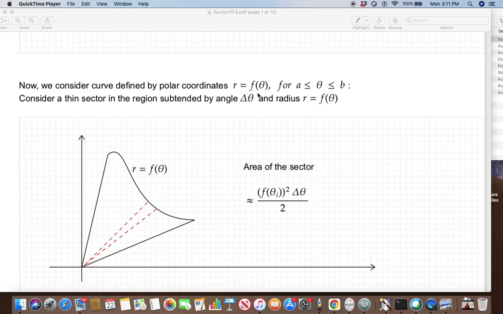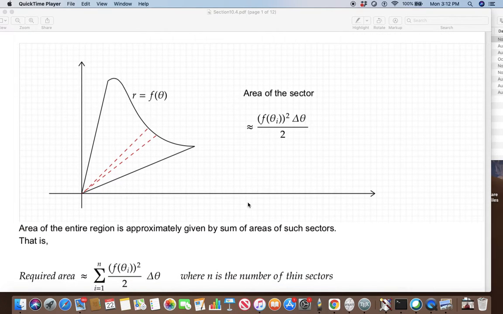You're given this curve. So the area is radius squared times angle over 2. Notice this is an approximation because you have two different angles. You are choosing some angle in between, f at that angle squared, so there is an approximation.